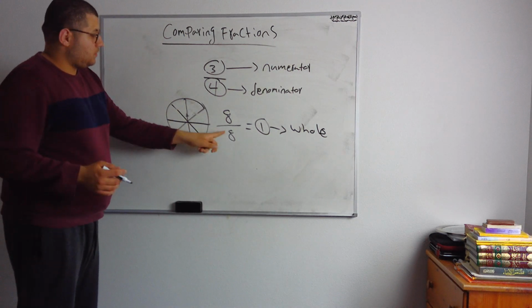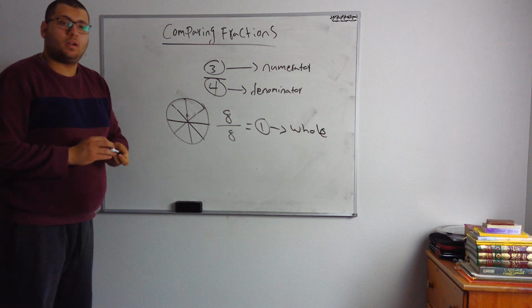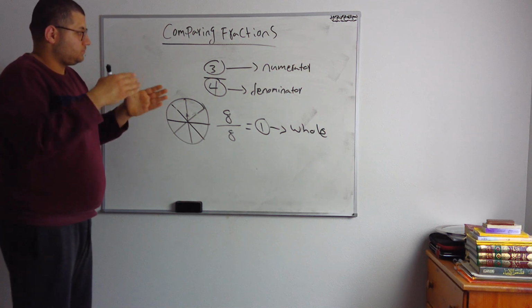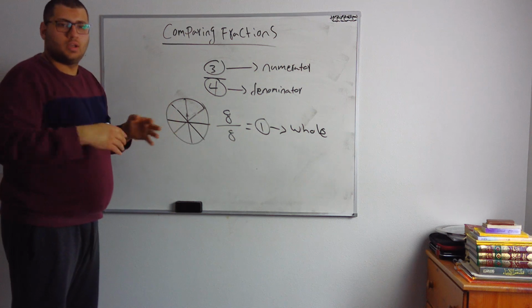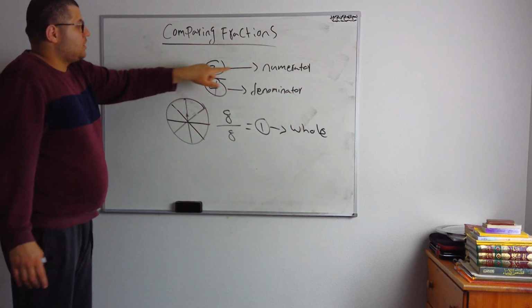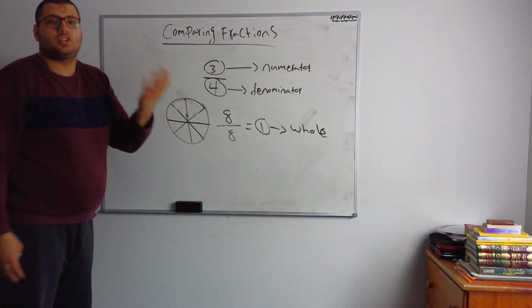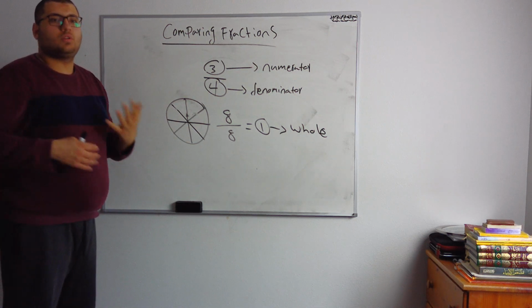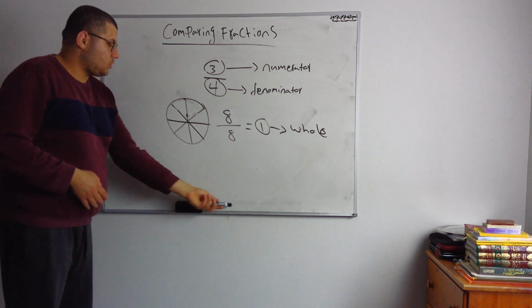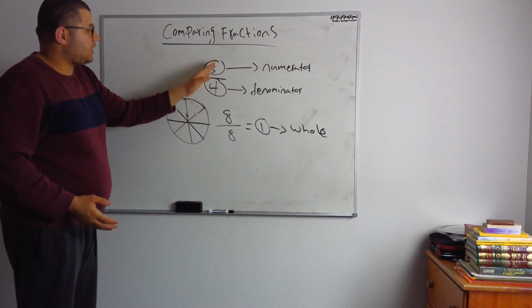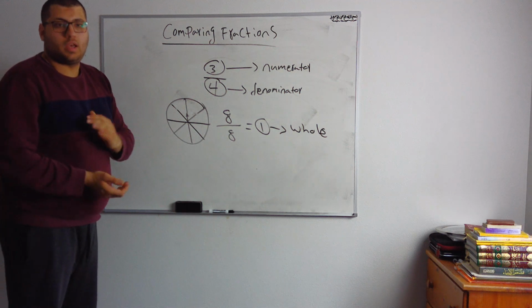So again, the denominator is always the total amount of slices, the total amount of things that are broken, or the strips that are broken, depending on what shape you're looking at. The numerator is you're always trying to find either the shaded amount or the unshaded amount, depending on the question. If it asks you for the shaded, you look for the amount of shaded, you put it on the top, and you put the total amount on the bottom.